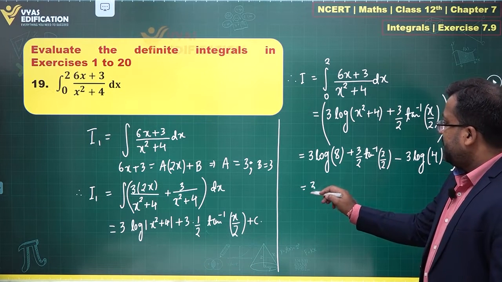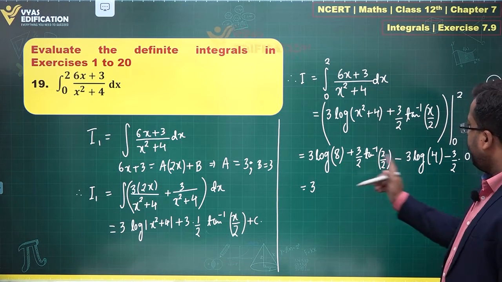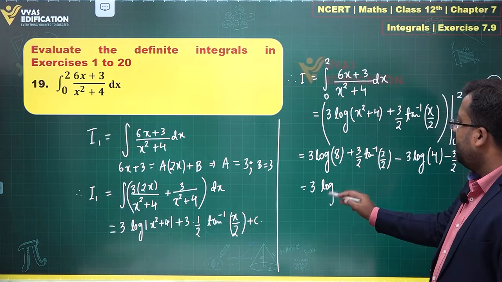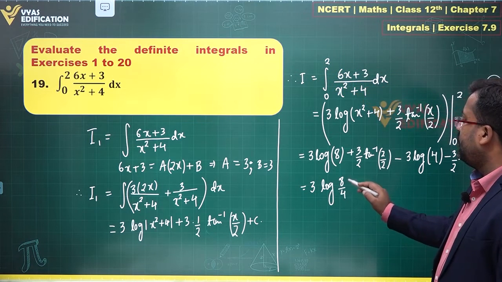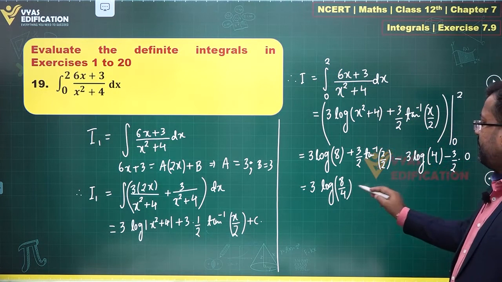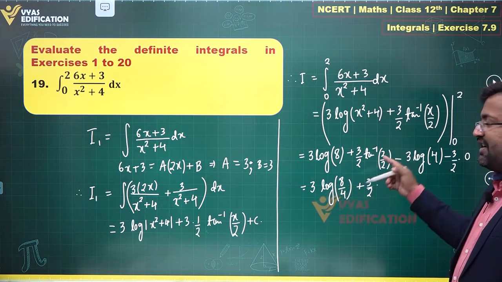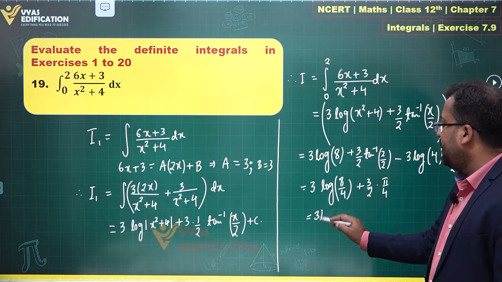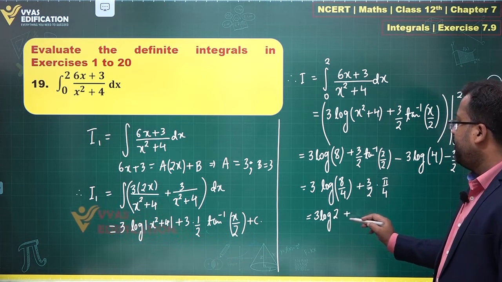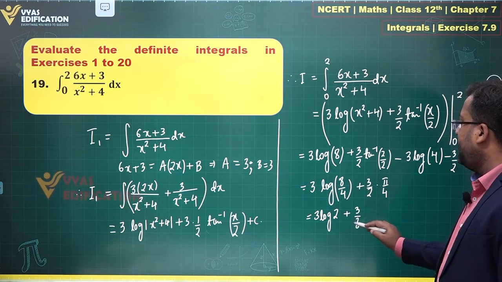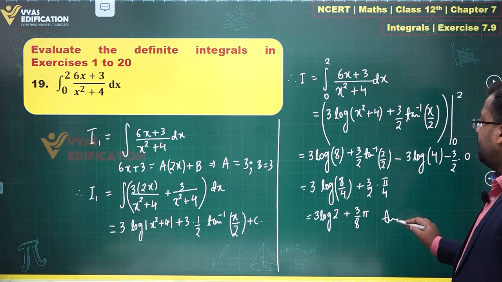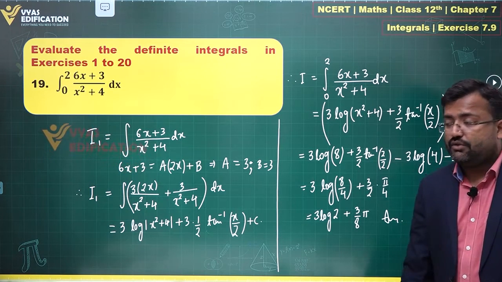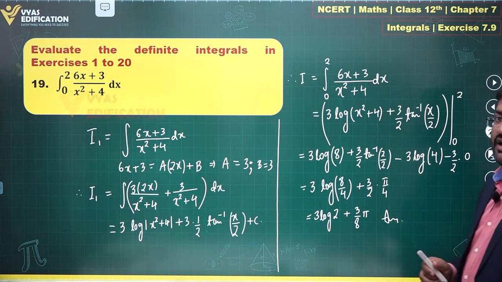So this becomes 3 log 8 minus 3 log 4, that becomes 3 log 8 by 4, by merging these two terms, plus 3 by 2 tan inverse 1, which is pi by 4. And this becomes 3 log 2 plus 3 by 8 pi. That is the required answer for this particular 19th question, as you can see over here.